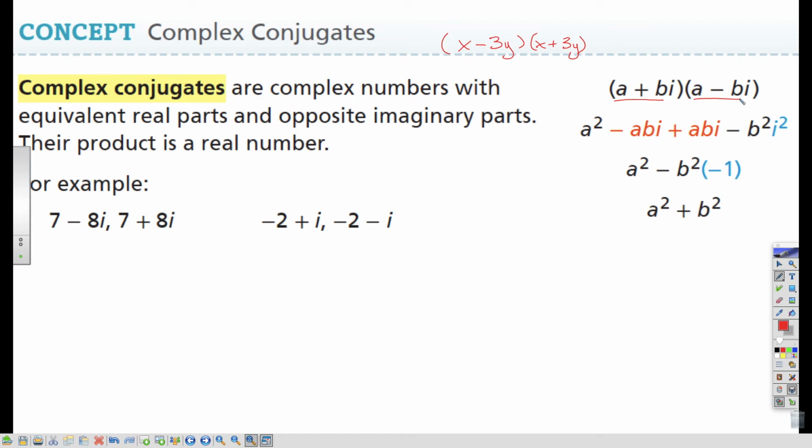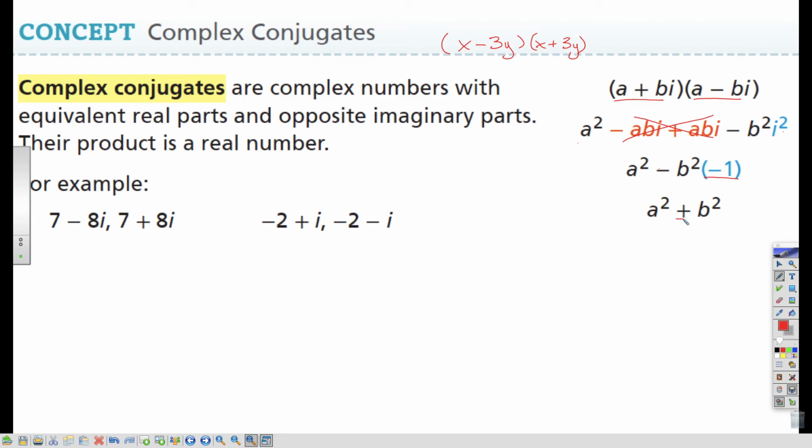So when I FOIL that out, I get a squared minus abi plus abi minus b squared i squared. Middle two terms zero out, just like they should, correct? a squared is a squared. Where'd this -1 come from? i squared. So now that -1 makes my b squared what? Positive. Okay? So then I have two real numbers I can add together to get one real number.